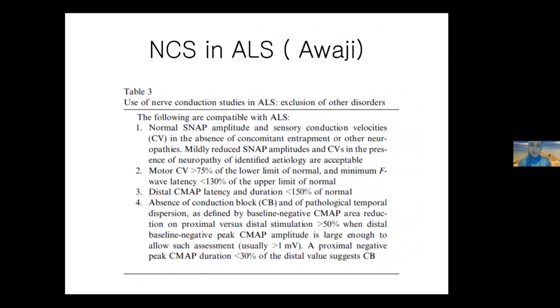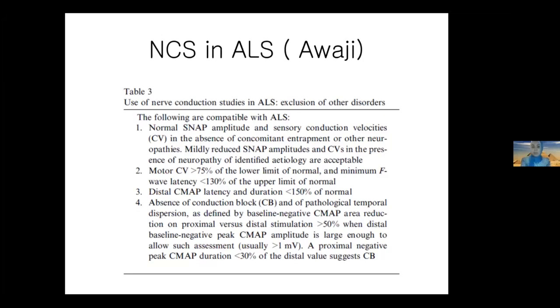Thank you very much. For the nerve conduction studies in ALS, basically, we have to exclude other diseases. This is the most important value of nerve conduction studies in ALS. Because we're having a motor unit loss, I would expect to see a small amplitude. I can see mildly reduced sensory nerve action potentials in the presence of neuropathy of identified etiology.